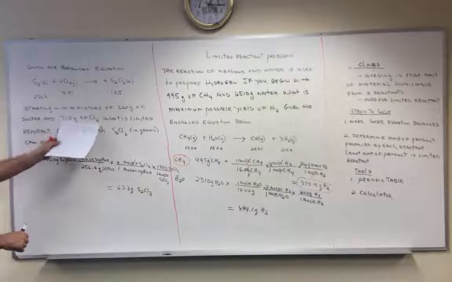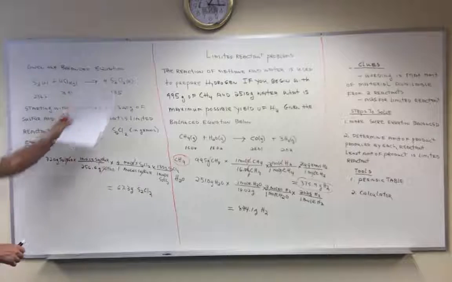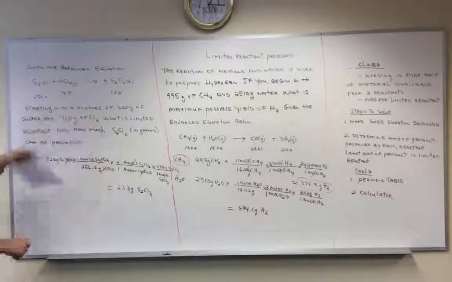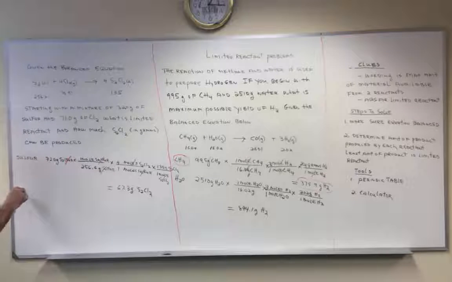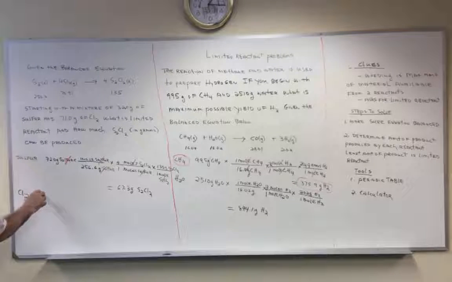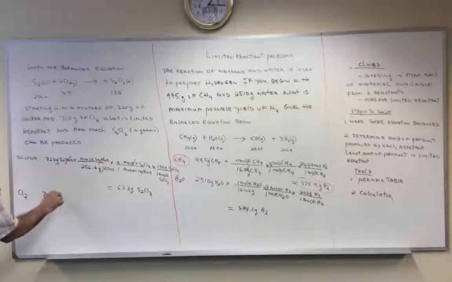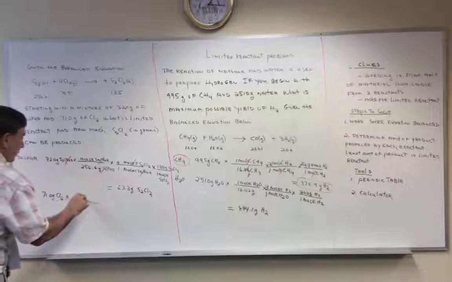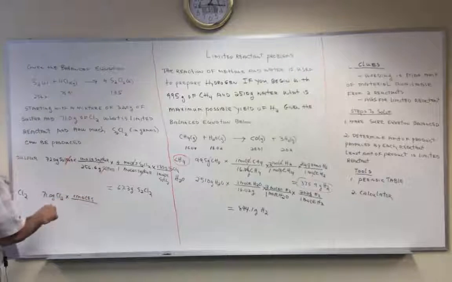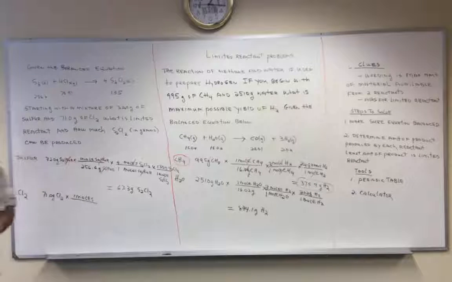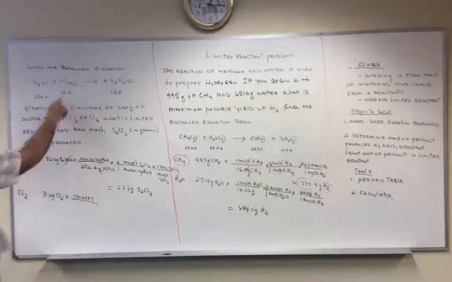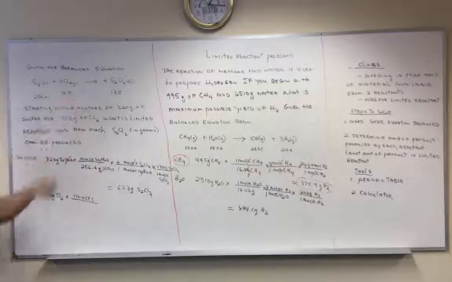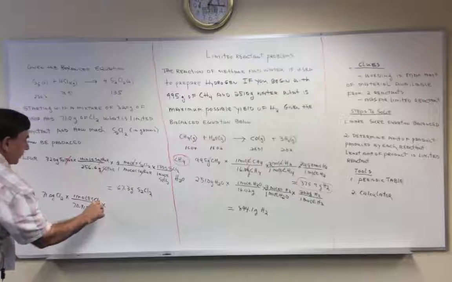We now have to do the same thing and see how much of this is produced from this. So we have again Cl2. We go to 71.0 grams of Cl2 because that's what we have. Again, we convert it to moles. And because this is diatomic, we have to take the periodic table and multiply the molar mass of Cl by 2. In this case, we don't have to do it, but in case you didn't have this number here, that's how you would calculate it. Then we have to do the same ratio.